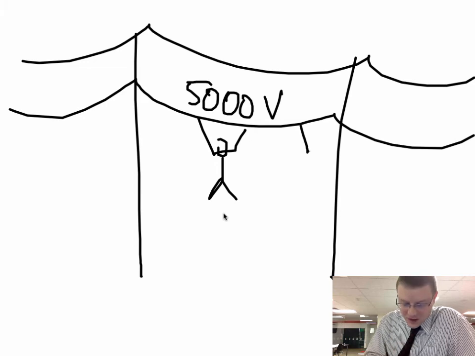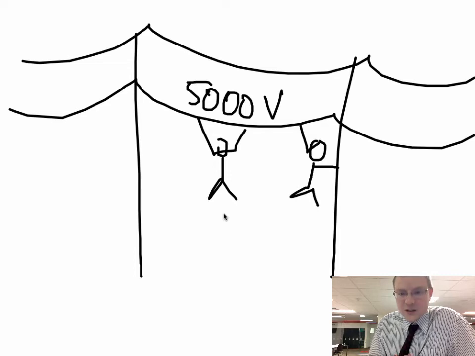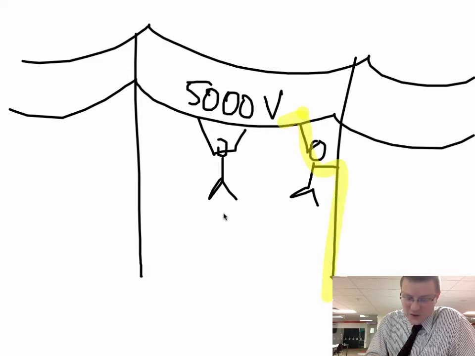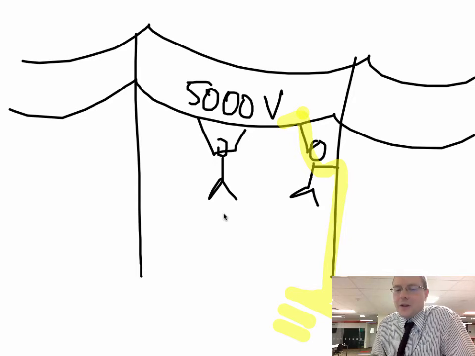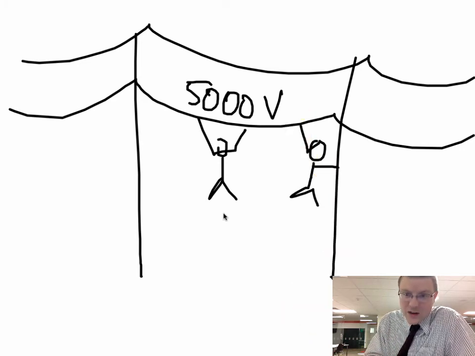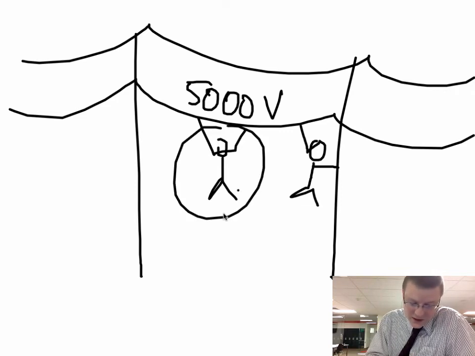The problem would be if you're hanging over here, raised to 5,000 volts, and you reach out and touch the grounding wire. Now there's a path to flow from high volts to low volts right through you, and charges will ground themselves if they have the chance to flow from high to low energy. So really, your safest bet when you're hanging on the wire is to just let go.